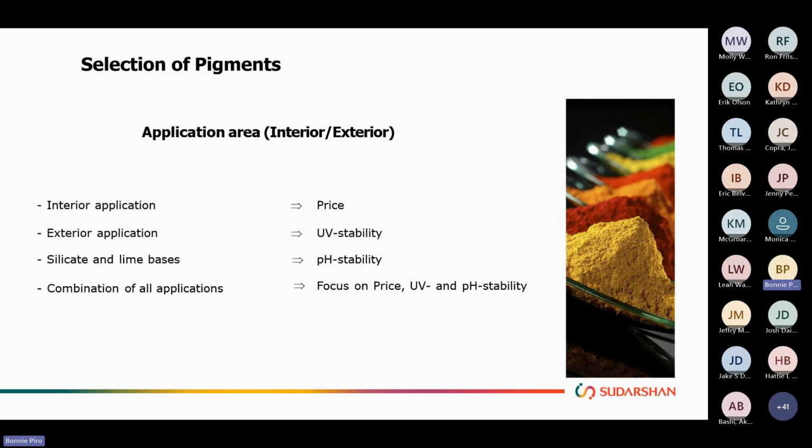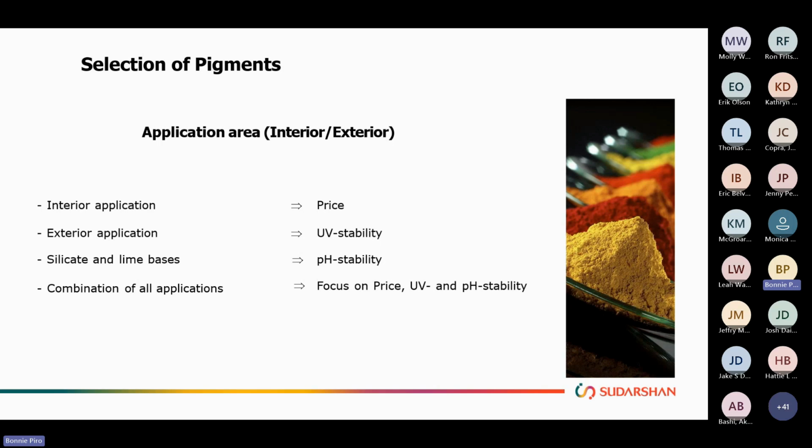If the formulation is more in the silicate or lime base area, pH stability is a key area that has to be considered when choosing your colorants, so that there's no interaction between the base and the colorant. In some cases, all three of those are in combination, more of a universal type of approach.